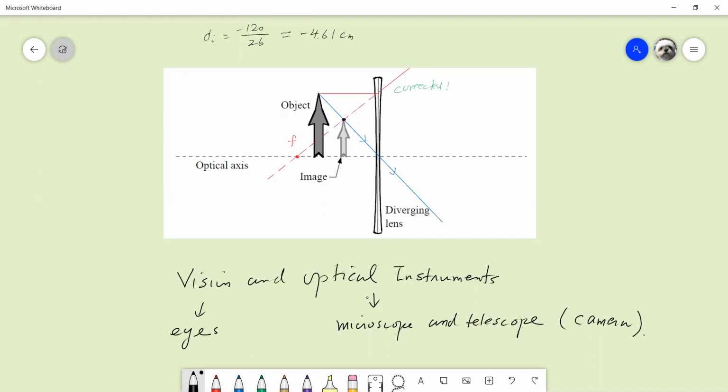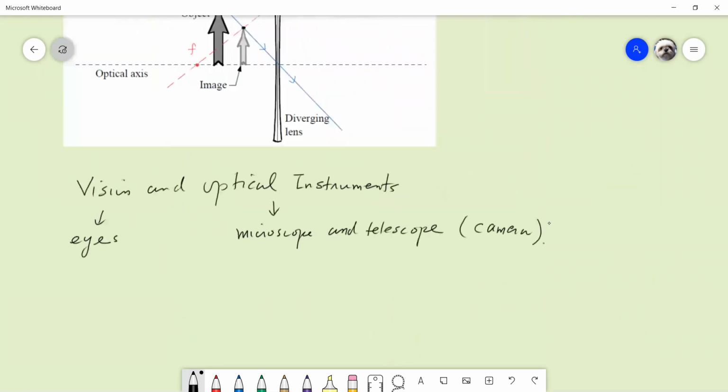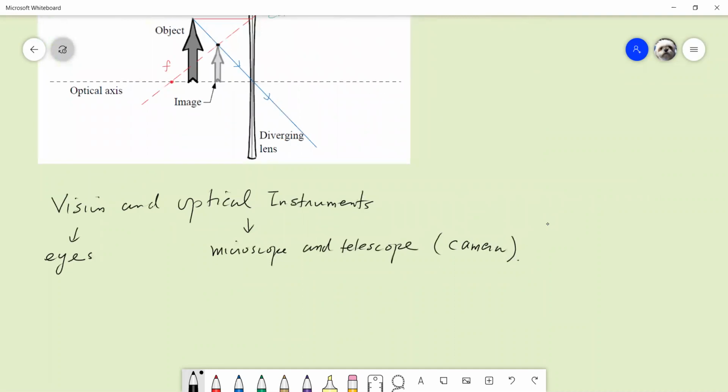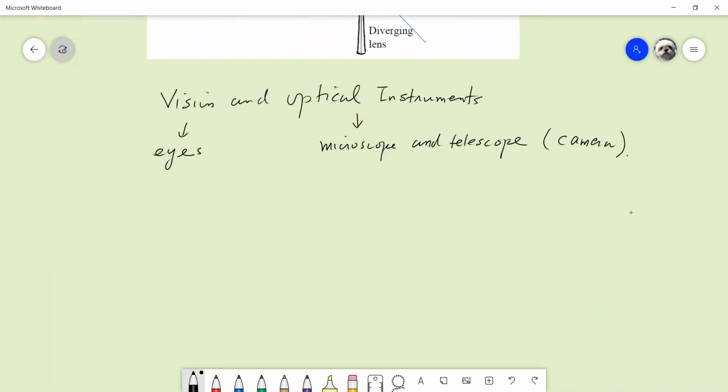Good. Now, eyes. What does the eye look like? Eyes look like this. Right here will be your eyeball.